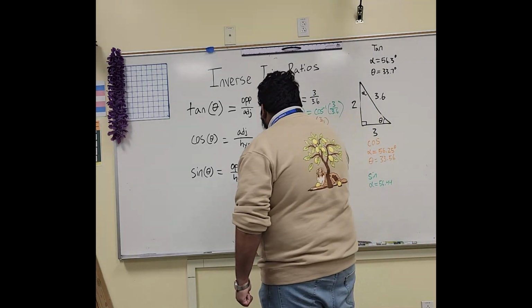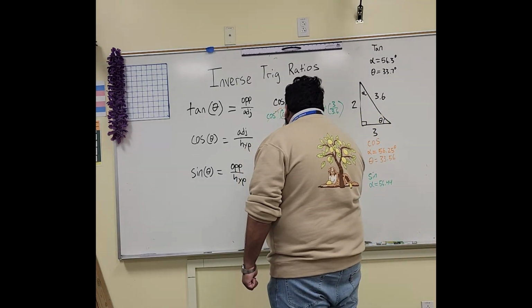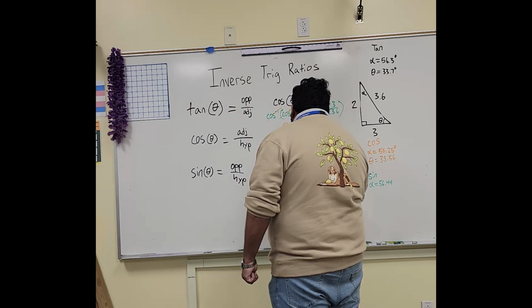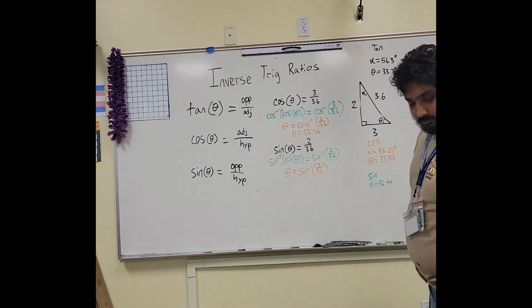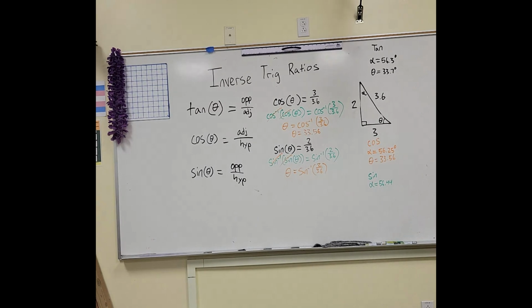Those are going to cancel out. We're going to be left with theta equal to inverse sine of 2 over 3.6. You're going to press second, and then sine, and 2 divided by 3.6. That's going to get us 33.748. We'll call that 33.75.